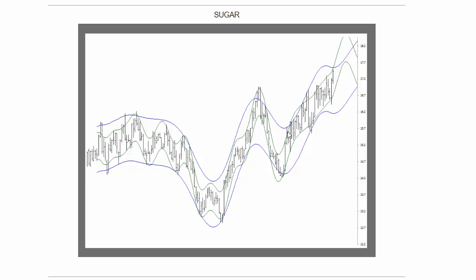Now this here is just basically showing us the trend is still up in sugar. If we get any kind of a pullback, like it's anticipating that we should get one sometime soon here, I would anticipate that any pullback we got would not, of course, go below here before it first had some kind of a rally. So it gives us that kind of information.